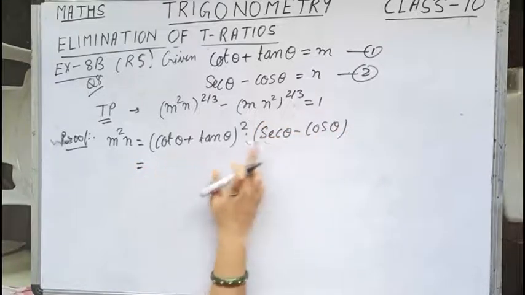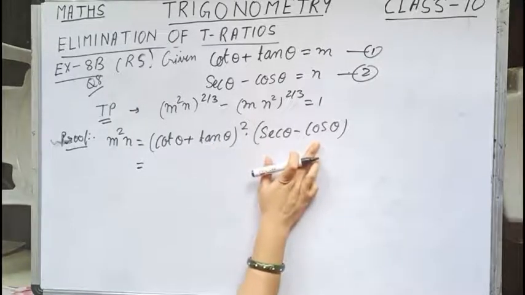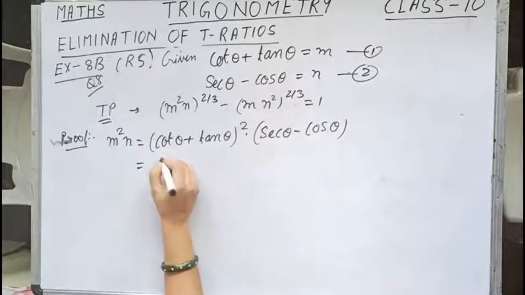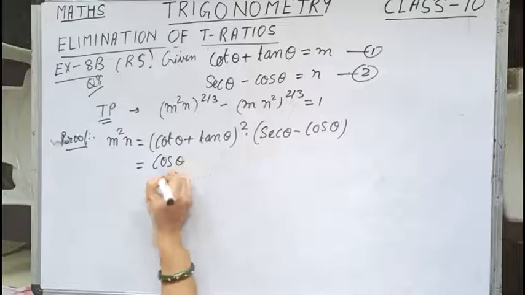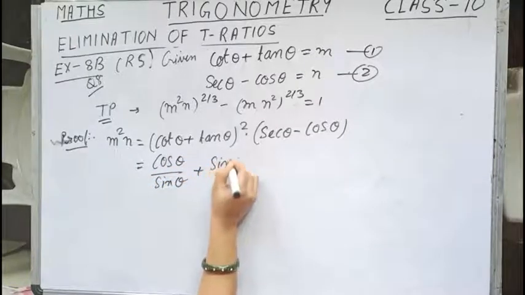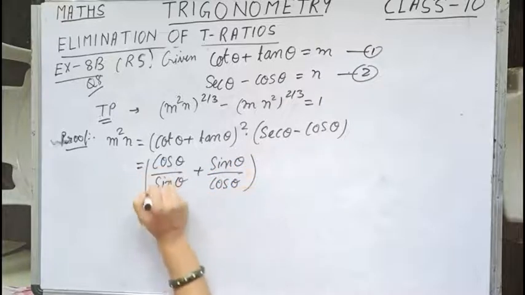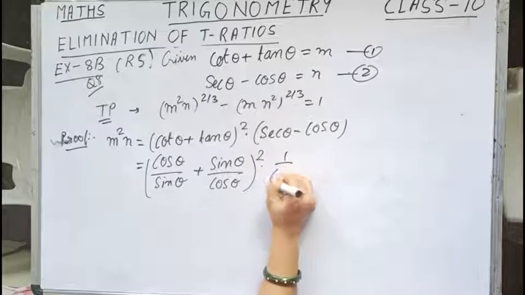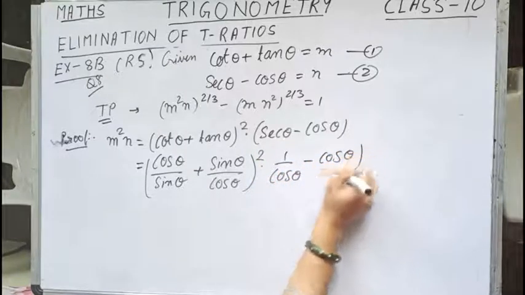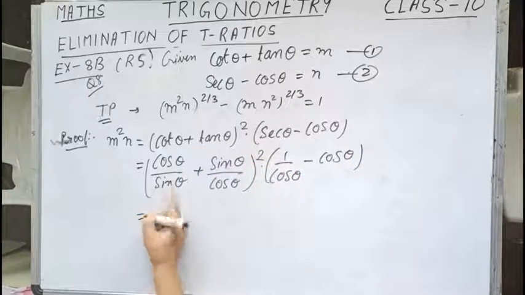Now no formula is being related between cot square, tan square or sec square, cos square. So let us reduce to the basic terms, that is sin and cos. So this I can write as cos theta by sin theta, and this one as sin theta by cos theta, whole square, and into 1 by cos theta minus cos theta. So what I have done, I have changed all terms to sin and cos ratio terms.